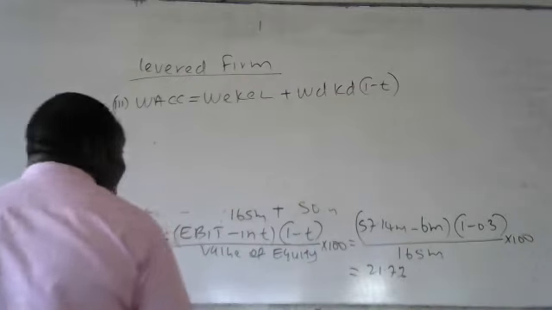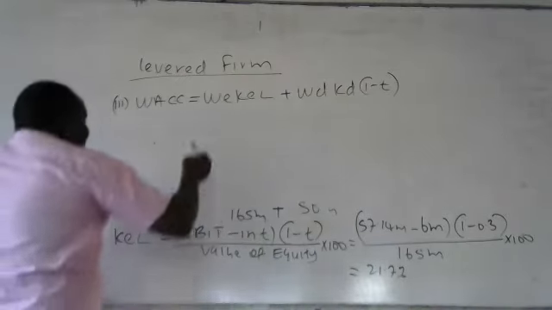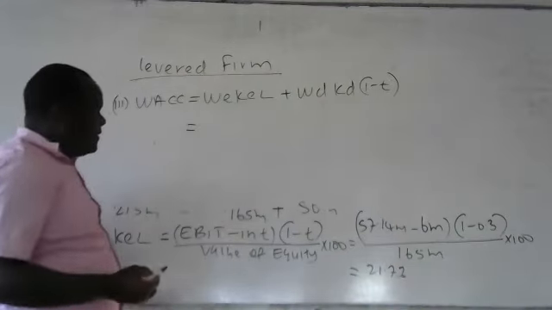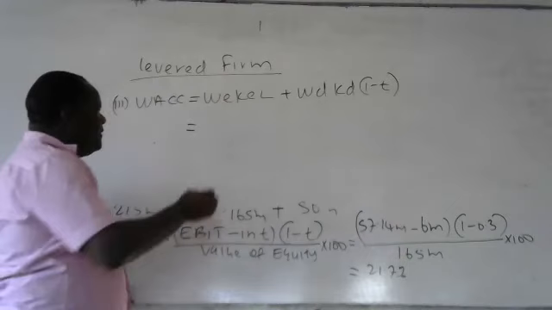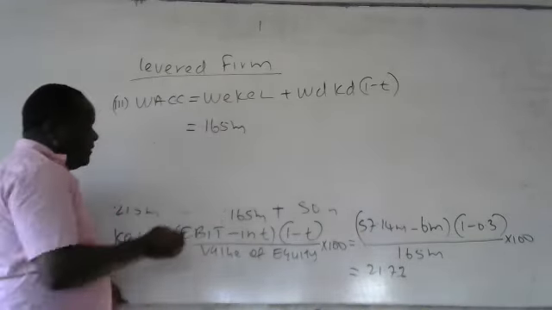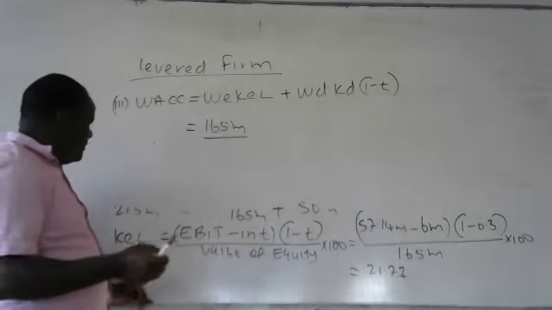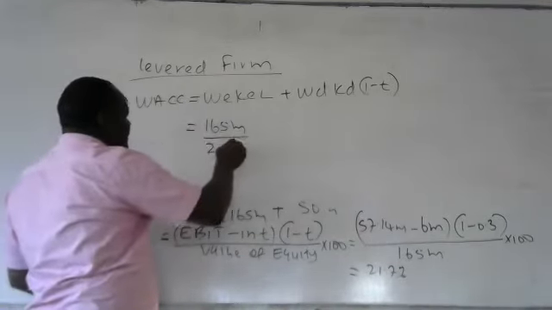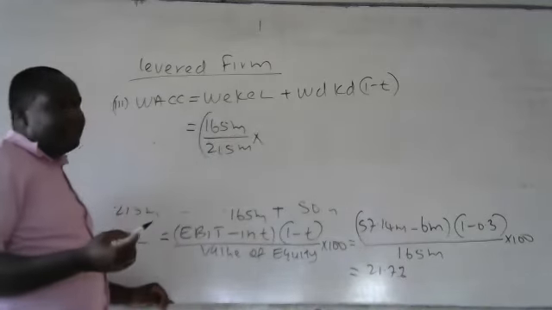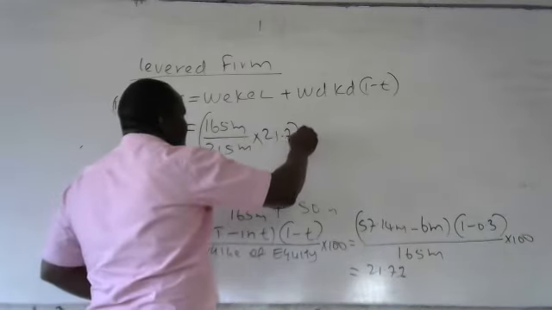We answer it later because only the figures are here. So WACC should be the weight for equity is 165 million. We divide by what? It was 215. So Ke should be which figure? 21.7.